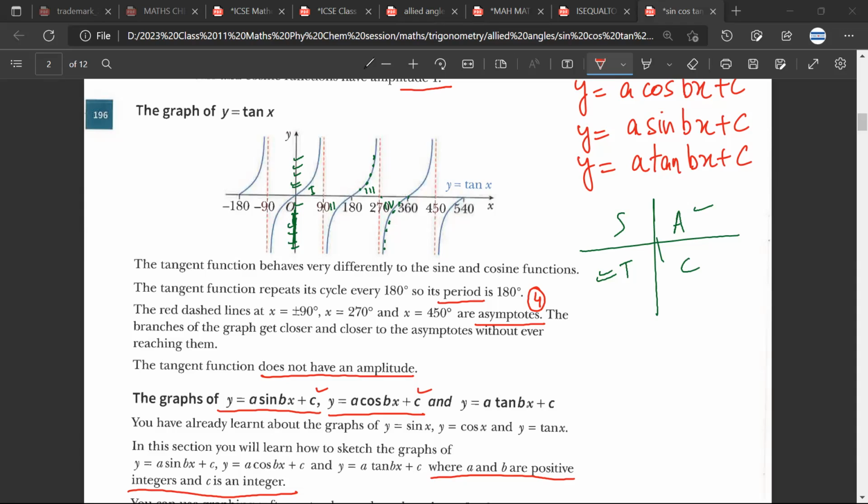tan. Now I'll just tell you so that you are aware. In class 11th, we'll be meeting these circular functions.